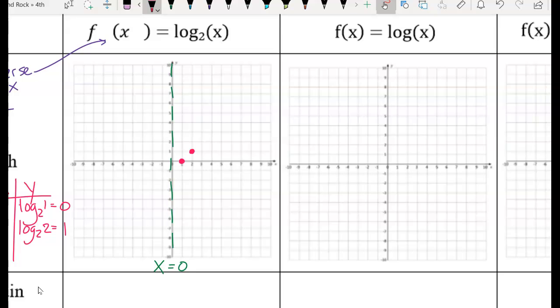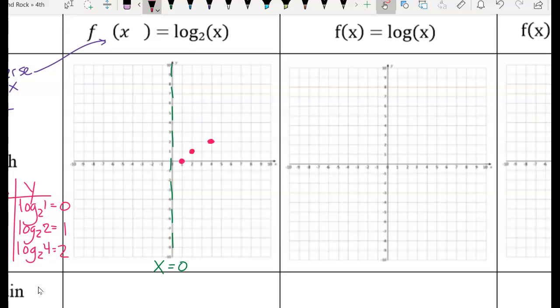If we plug in 3, can you raise 2 to anything to equal 3? No. But you can raise 2 to something to equal 4. So I'm plugging in 4, and I'm asking what power do we raise 2 to equal 4? 2.